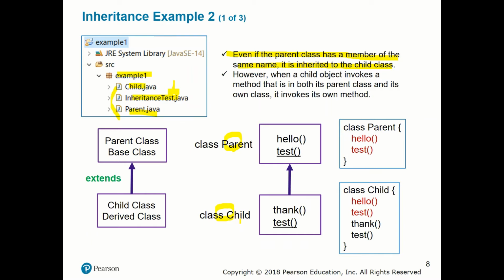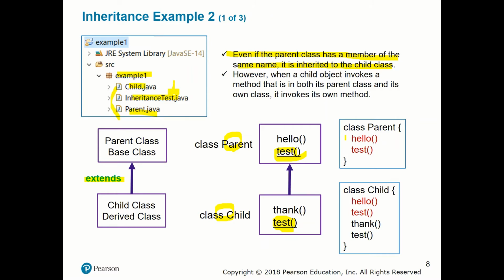Child class inherits from parent class using extends keyword. Then here, the test method exists in both parent class and child class. So even if the child class has a test method like this, the test method in the parent class can also be used by the child class.